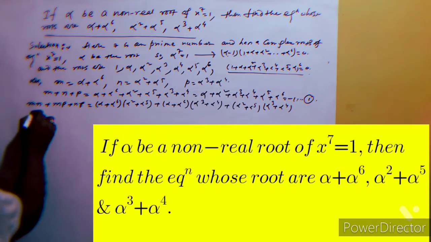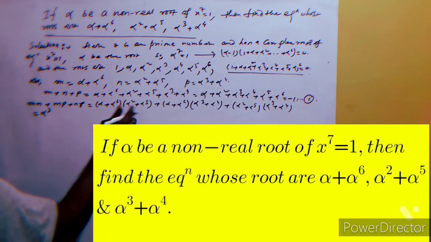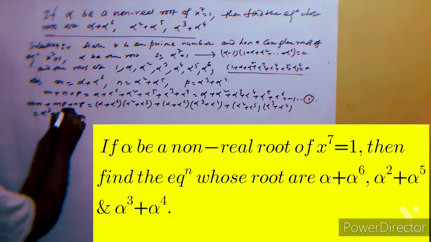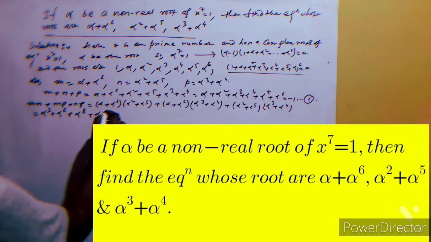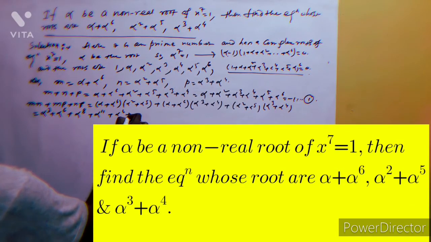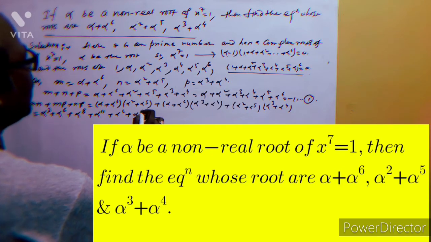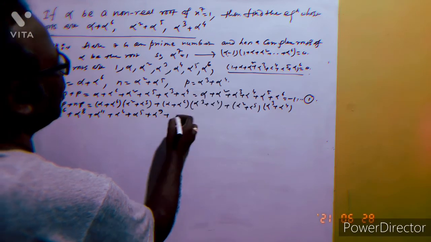Then simplifying: this is alpha cube, this is alpha to the power 6, alpha to the power 8, alpha to the power 11, alpha to the power 4, alpha to the power 5, alpha to the power 9, alpha to the power 10.